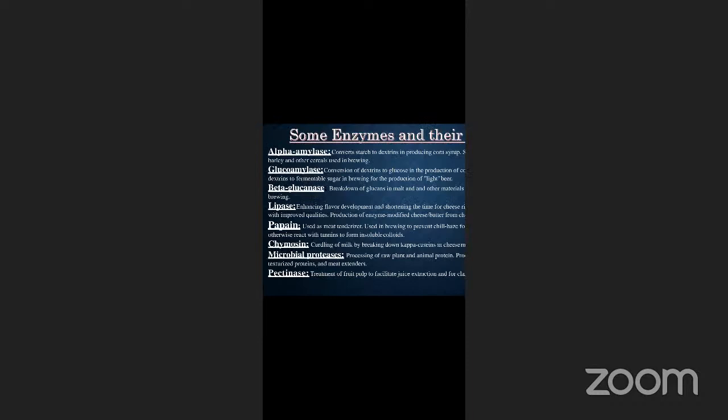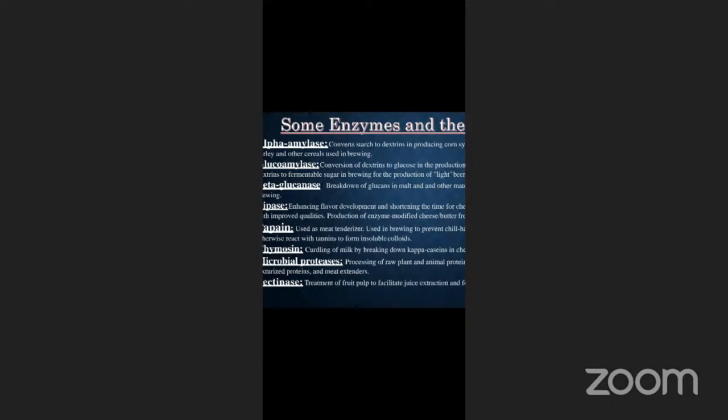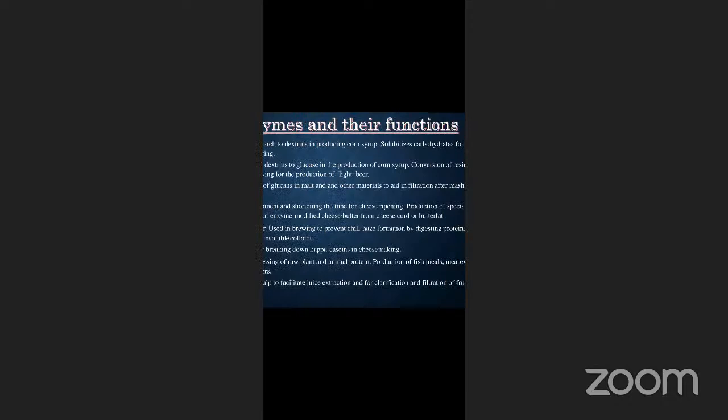Then beta glucanases are involved in the breakdown of glucans in malt and other materials to aid filtration after mashing for the brewing process. Then lipase is involved in the enhancement of flavor and shortening of the time for cheese ripening.